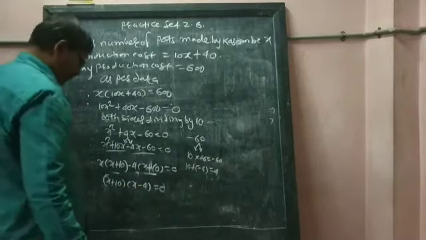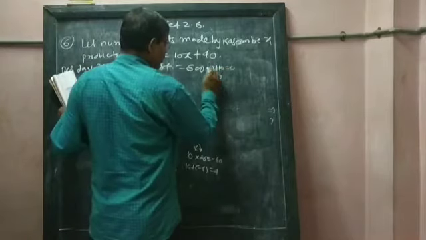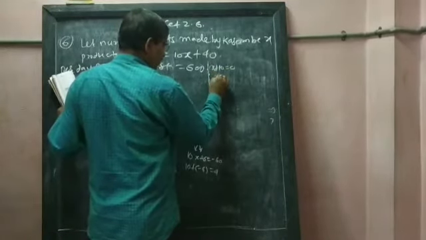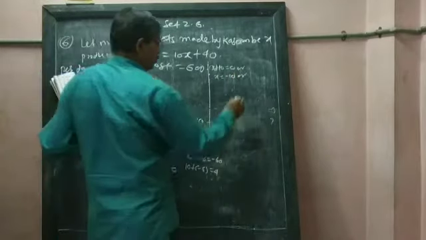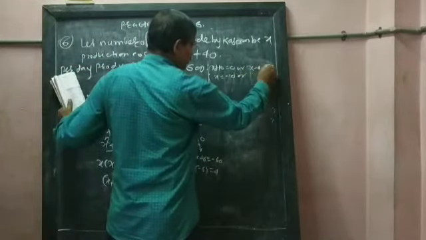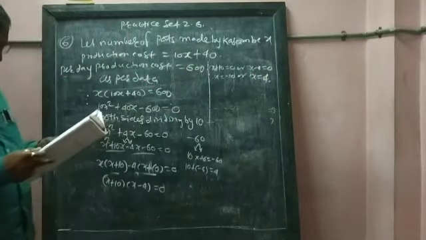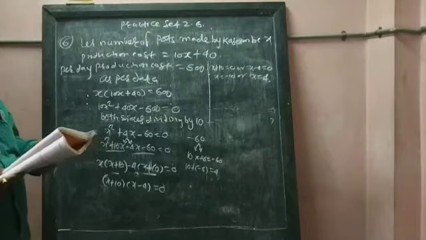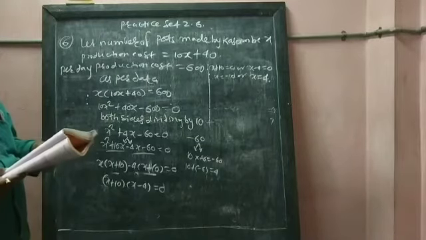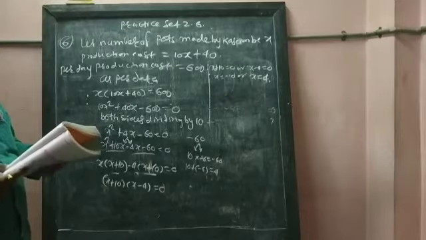Taking x + 10 = 0, therefore x = -10, or x - 4 = 0, therefore x = 4. So what is asked? Please check. Question number 6 is: find the production cost of one pot and the number of pots he makes per day.